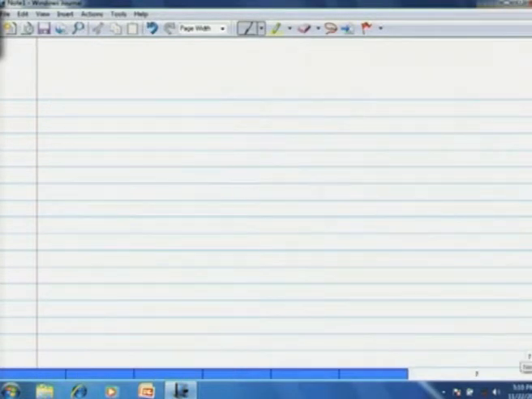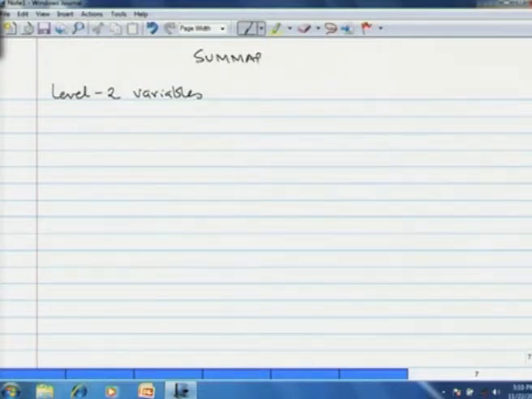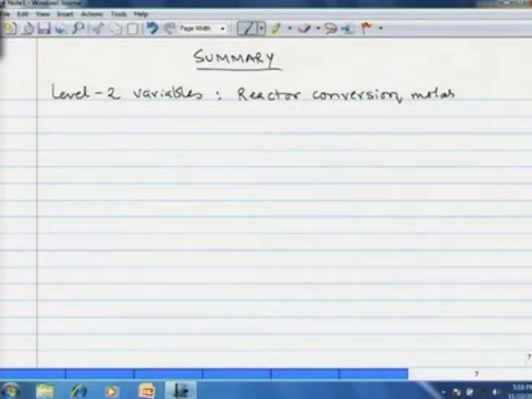So now we summarize the design variables. Level 2 variables: reactor conversion, molar ratio of reactants, then the reactor temperature and pressure.